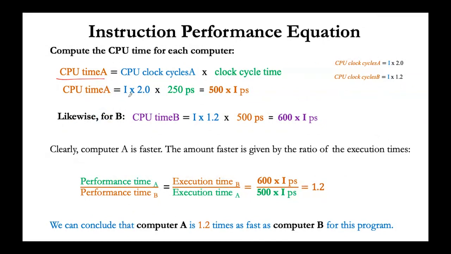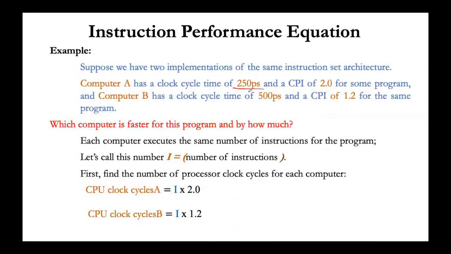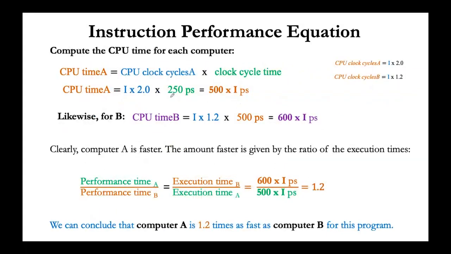To calculate the CPU time, you require the CPU clock cycles multiplied with the clock time. So for A, the CPU clock cycles which we computed is I times 2, multiplied with the clock cycle time, which is 250 ps. So in total we will have 500 multiplied with the number of instruction counts per second.